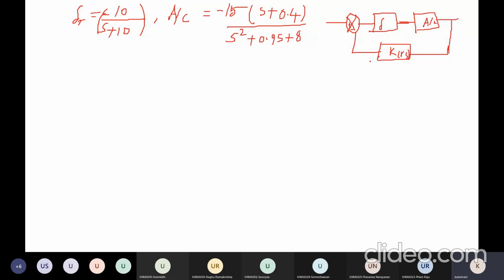Initially we choose k value as 1, then we have to check when the k value is 0.527, and when the k value is 0.23. Two different cases you have to check in your root locus.